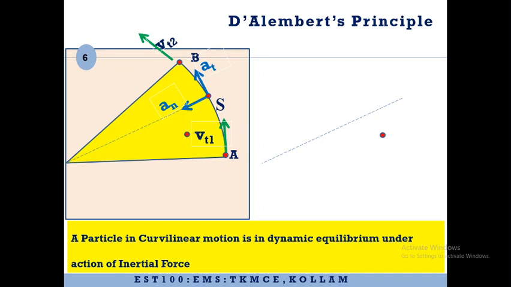For a body undergoing a general curved motion, the net acceleration will be the resultant of tangential acceleration and normal acceleration, and therefore the inertial force is going to be in a direction opposite to the net acceleration.